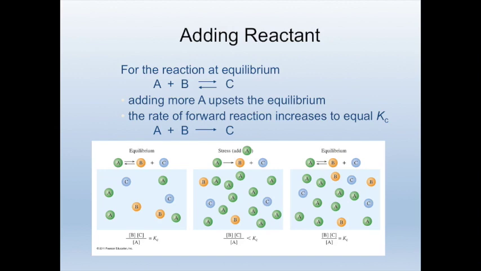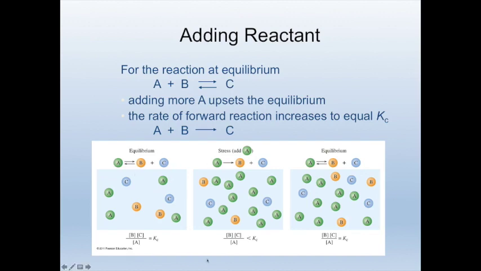So the first way we can perturb a chemical system is by adding reactant to an already occurring reaction. So say you have a reaction between A and B to produce C at equilibrium. If you add more A, then this will upset the equilibrium and cause the rate of the forward reaction to increase so that the concentration of A can go down and maintain the same equilibrium constant.